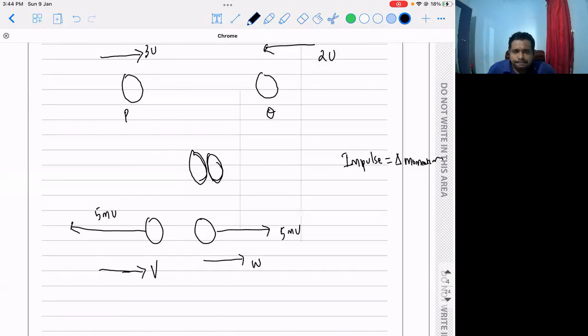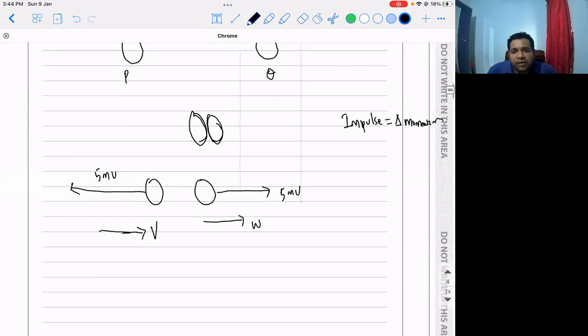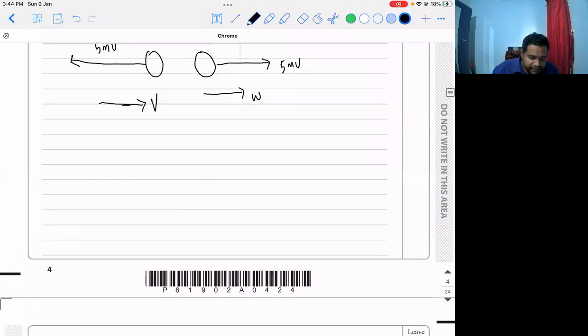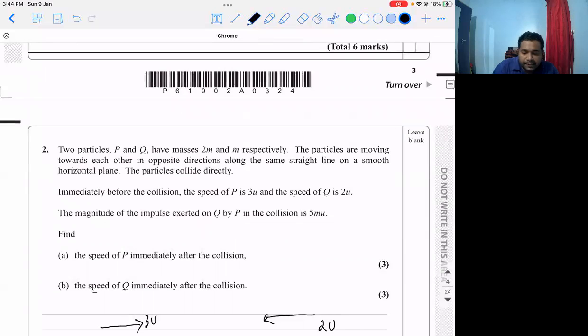Let's move back to the question. Find the speed of P immediately after the collision. That means we need to find the value of v. How will we find it? We'll use the basic equation of impulse, and we can calculate separately for P as well as for Q. Let's read the question once again.